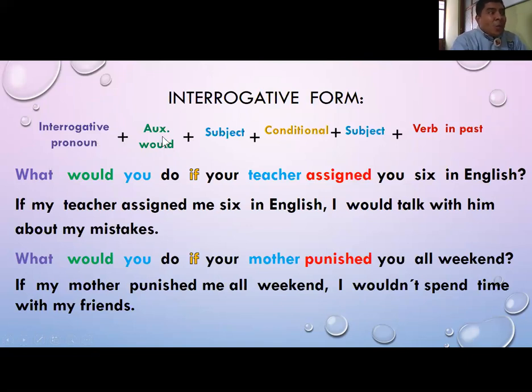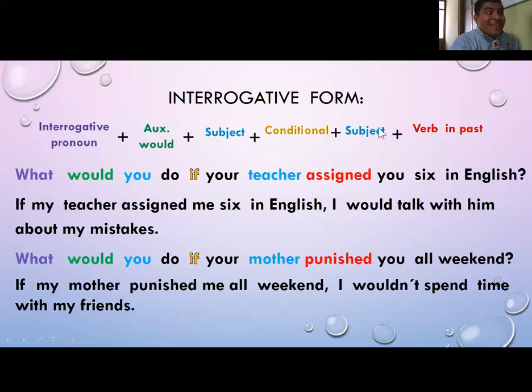After that, I'm going to put the auxiliary would. After that, I'm going to use a subject: I, you, he, she, it, we, you, they. After that, the condition if. After that, another subject, and after that, I will use the verb in simple past.